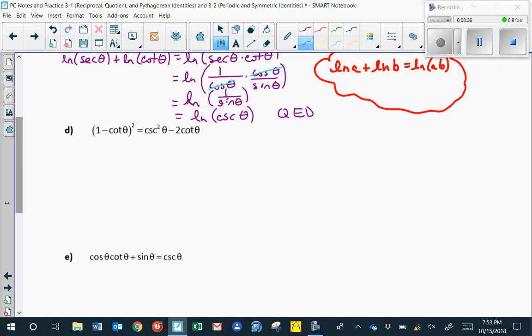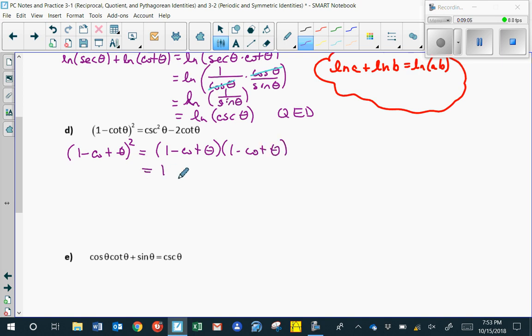In D, we can start with 1 minus cotangent of theta, the quantity squared. And when we square a binomial, it's easier if we write out the binomial times itself and then FOIL.